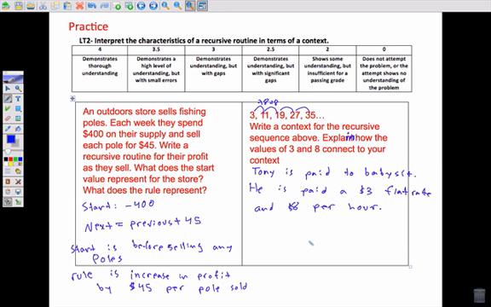Okay. So explain how the values of 3 and 8 connect to your context. 3 is the beginning value, so that's how much he is paid before babysitting for even 1 hour.